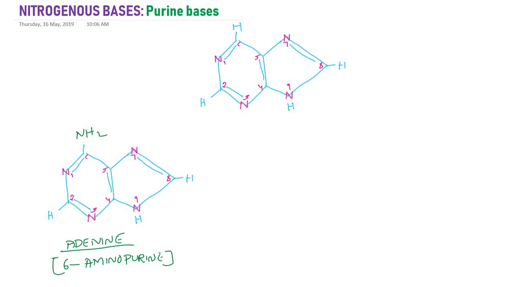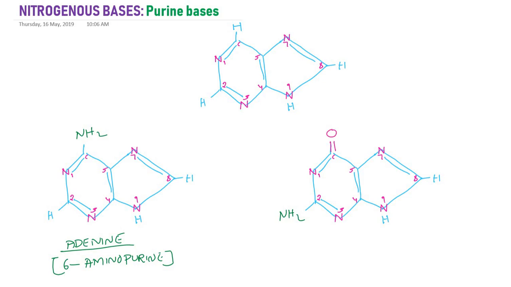Similarly, guanine looks like this. In guanine, there is an amino group at the 2nd carbon atom. So instead of this hydrogen, there will be an amino group here. And in the 6th carbon atom, instead of hydrogen, there will be oxygen.